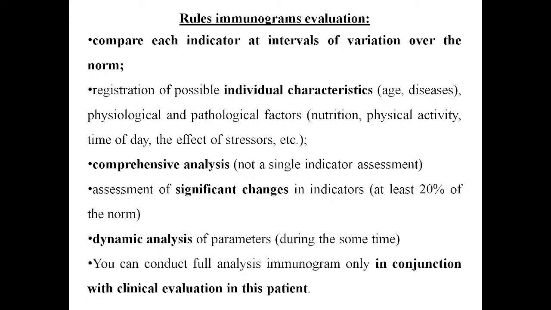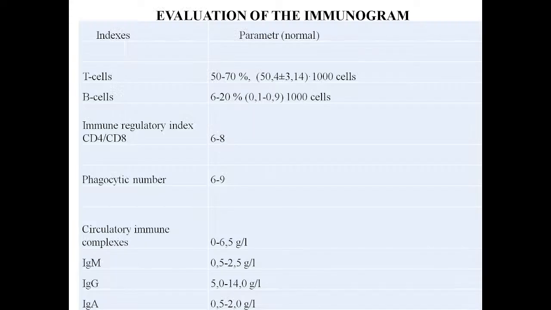You can conduct a full analysis of the immunogram only in conjunction with clinical evaluation of this patient. I have spoken about the clinical checkup. The first method for evaluation of immune status is clinical checkup. We should talk about the combination of clinical manifestations and the immunological tests that we have discussed. In this slide, you can see an example of an immunogram. It is not a full immunogram.